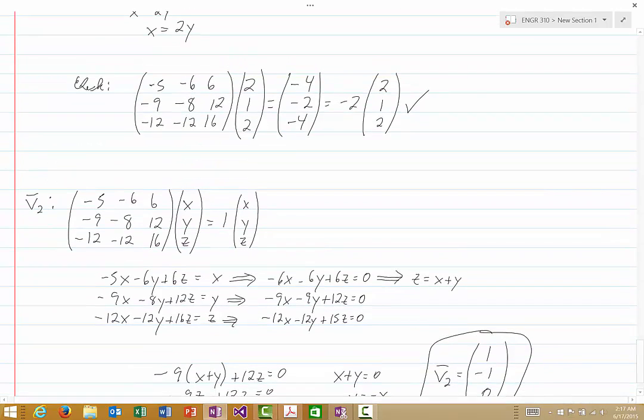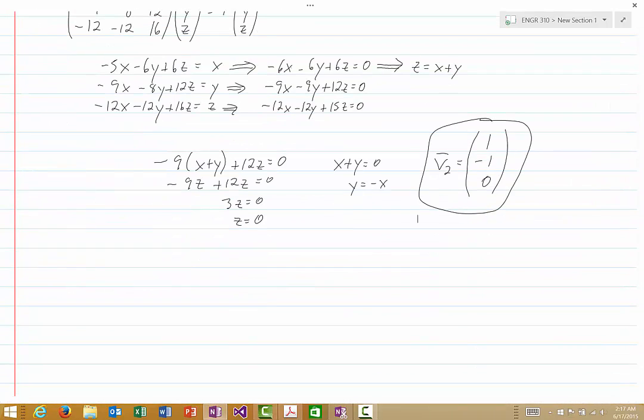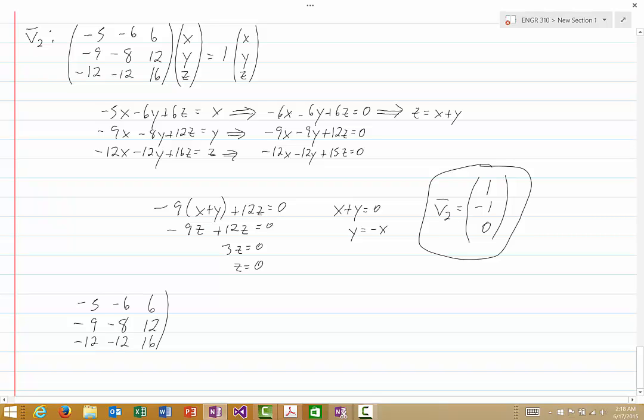And since we checked our first eigenvector, let's go ahead and check this one as well. So we would get negative 5, negative 6, 6, negative 9, negative 8, 12, negative 12, negative 12, 16, times 1, negative 1, 0.